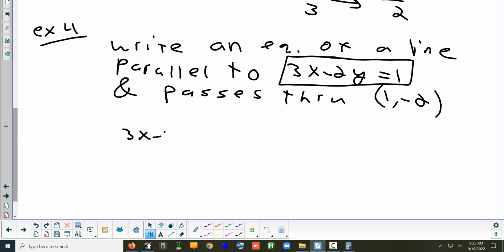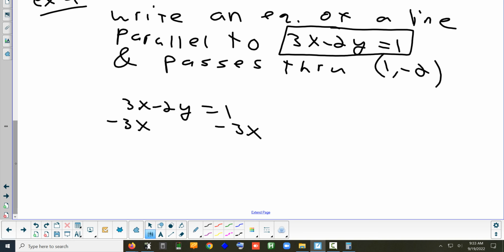So 3x minus 2y equals 1. I mean, you can do it lots of different ways. You got to get y by itself. I would just bring the 3x to the other side, and then divide by negative 2.